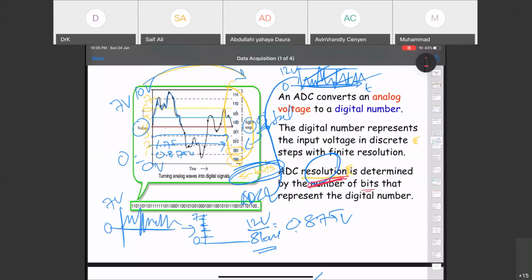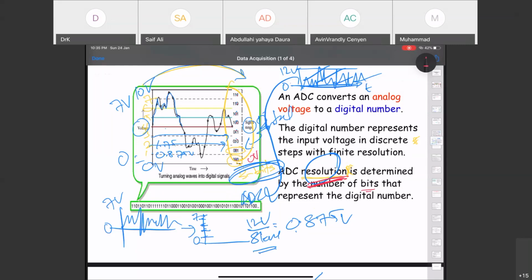For example, you have three bits: 0, 0, 0 represents the lowest point, which is 0 volt. From 0, 0, 0, you can move the logic up to a maximum of 1, 1, 1. If you count 1, 2, 3, 4, 5, 6, 7, 8, you have only 8 representations in the digital world.